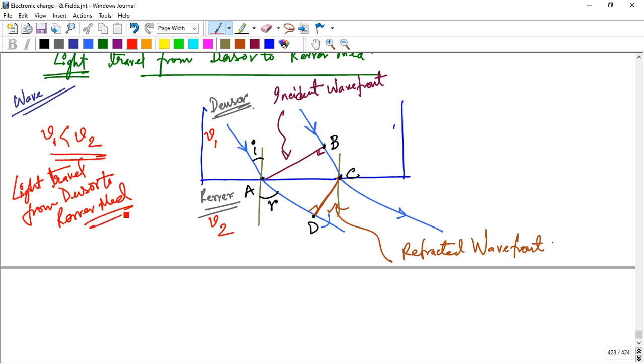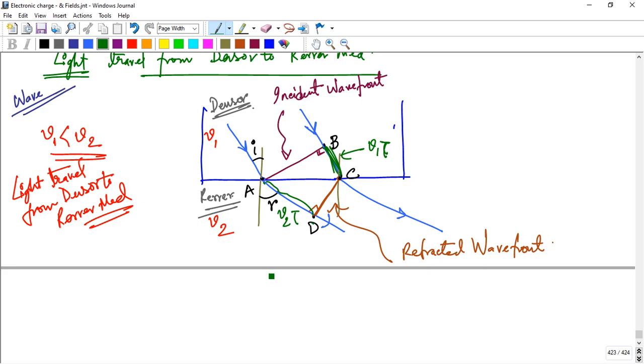That's the refracted wavefront, and you see this length BC is equal to V1 times tau, and this length AD is V2 times tau, the displacement.